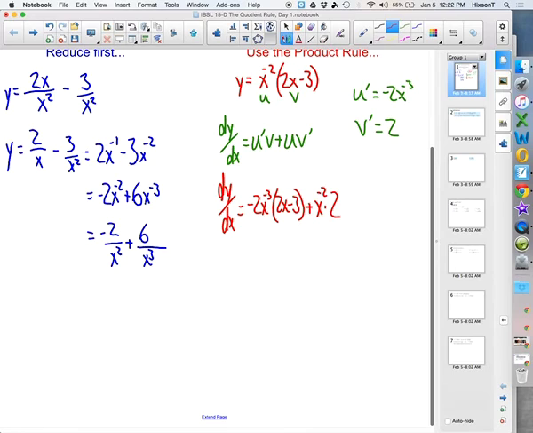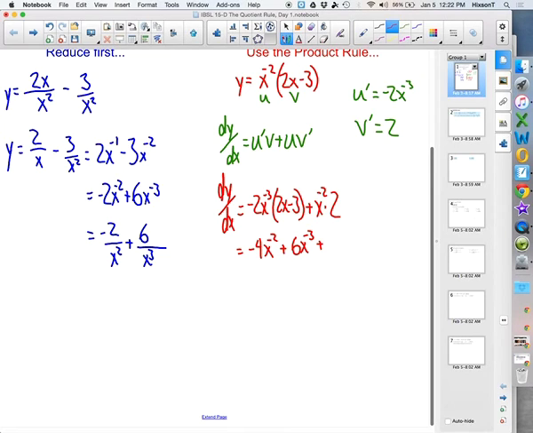I can now simplify, right? So here we have a negative 2x to the negative third times 2x. That's going to be a negative 4x to the negative 2 power. Negative 3 plus 1 would be negative 2. And then I multiply, there's a plus 6x to the negative third.